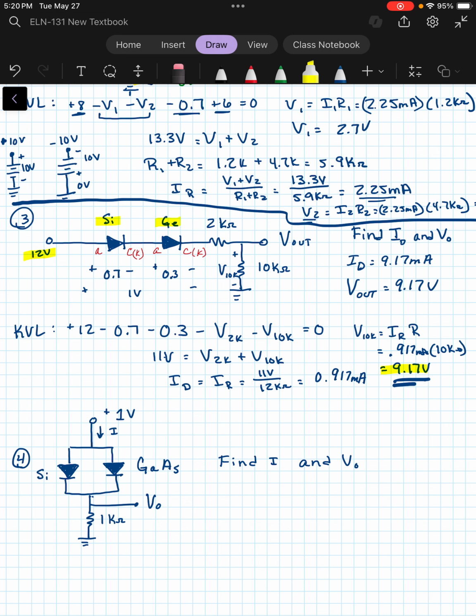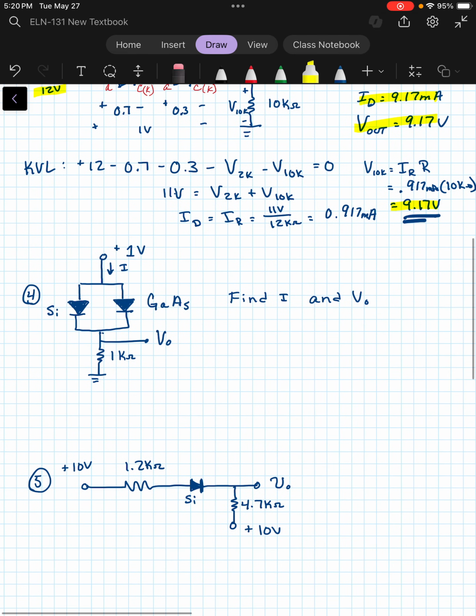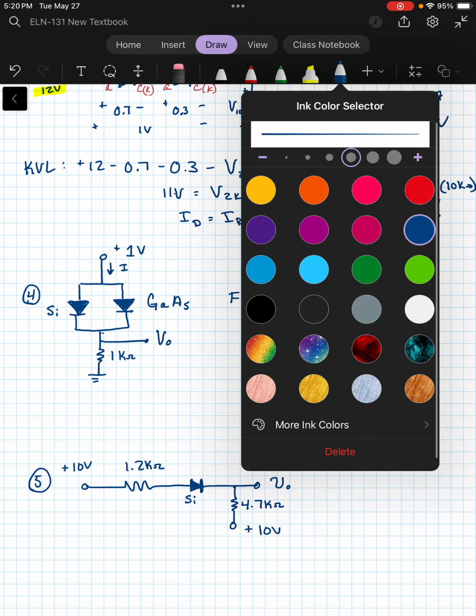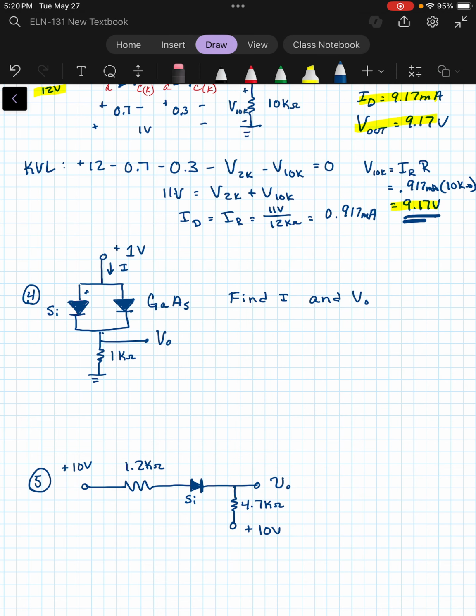Okay. So here is another problem that's a little bit interesting. What would happen if we had two diodes that were in parallel with each other? Now remember, the silicon diode needs a difference of at least 0.7 volts to get past that barrier potential.